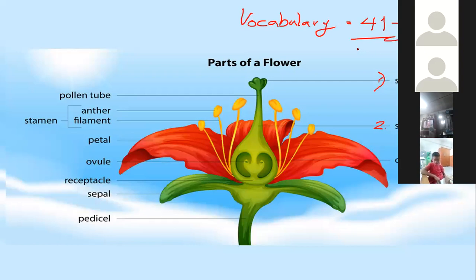Vocabulary 41 to 51. Number 3, ovary. Number 4, pistil. Number 5, pollen tube. Number 6, anther. Number 7, filament. Number 8, stamen. Number 9, petal. Number 10, ovule. Number 11, sepal. So no receptacle, no peduncle.